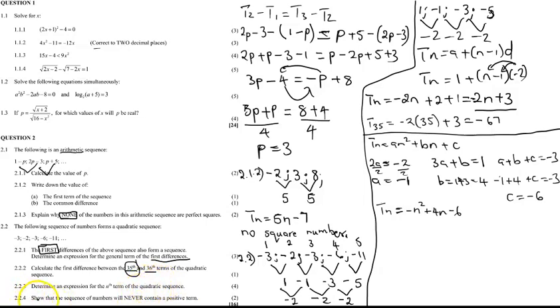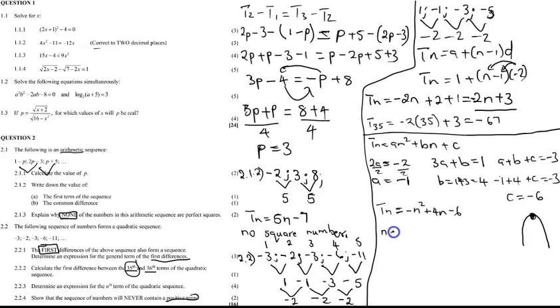Then they say 2.2.4, show that the sequence of numbers will never contain a positive term. So when you look at this, you can see that you've got a graph like that. They're actually looking for the maximum, or the term that has the maximum value. You know that you find the first derivative, equate it to 0, solve for the value of n and substitute in the original equation, or you can just use the formula for the axis of symmetry of a parabolic function.